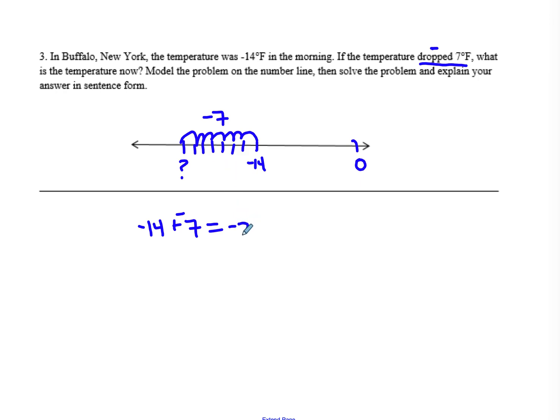That's going to give me an answer of negative 21. Okay, so my sentence: the temperature is now negative 21 degrees Fahrenheit, which is a very cold day.